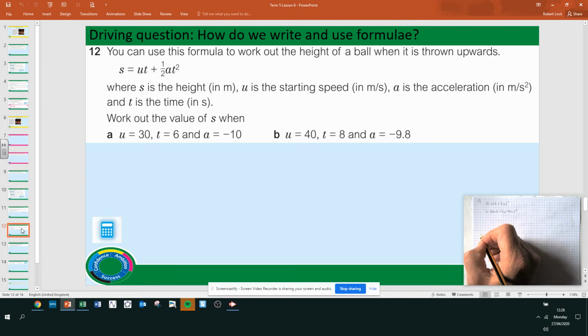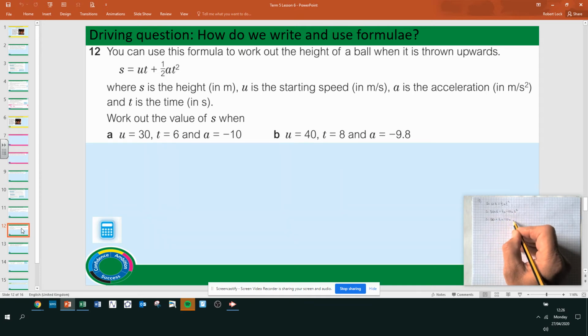We said you can use a calculator, but let's see if we can do it without. So S equals 3 times 6 is 18, plus a 0 on the end, it's 180, plus half times minus 10 times 6 squared, which is 36.